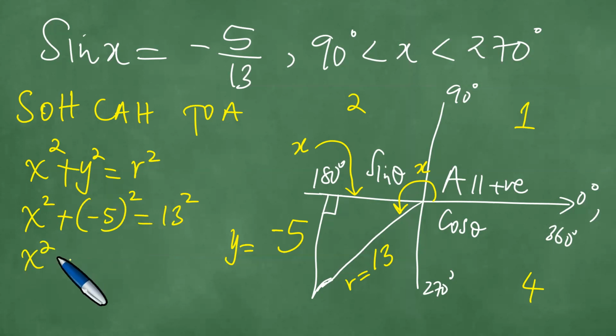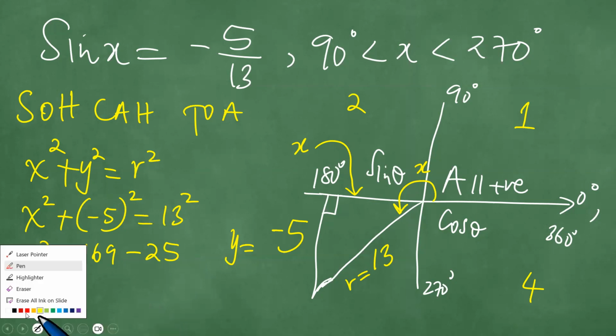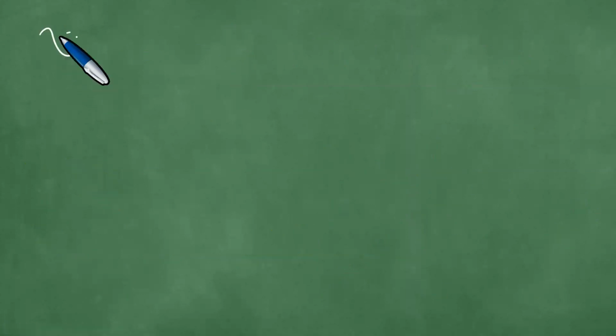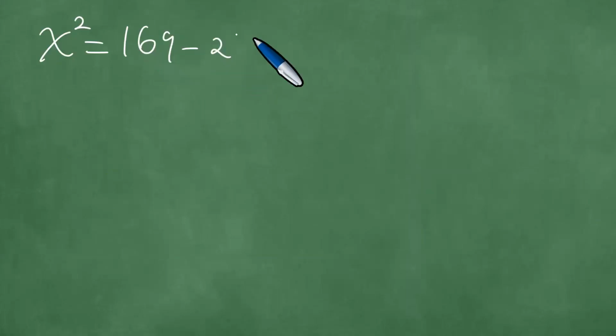Our objective is to find x, and therefore 13 squared is 169 minus 25 from the -5 squared. So what do we obtain out of these? We have, therefore, that x squared is 169 minus 25.